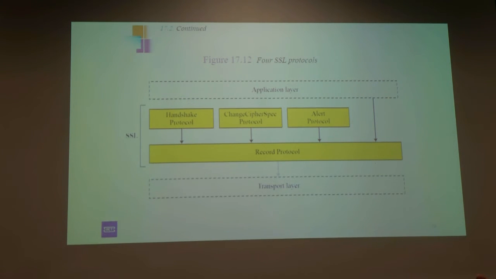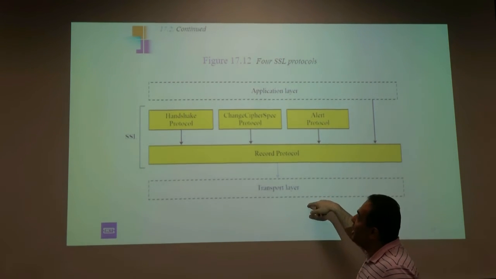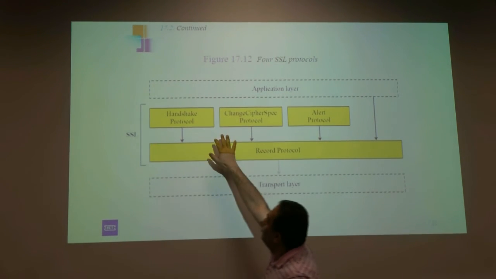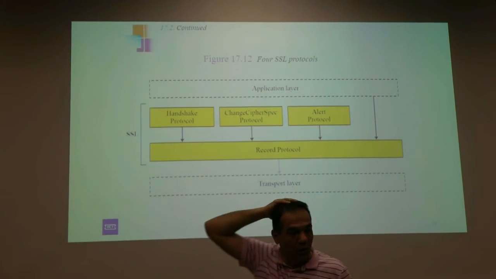When there's a problem. In the other 3 protocols, we have to alert the other party, so that's what we use it for. And the record protocol is where the data is framed that we're going to send. We use the 3 protocols to form the data in this protocol.